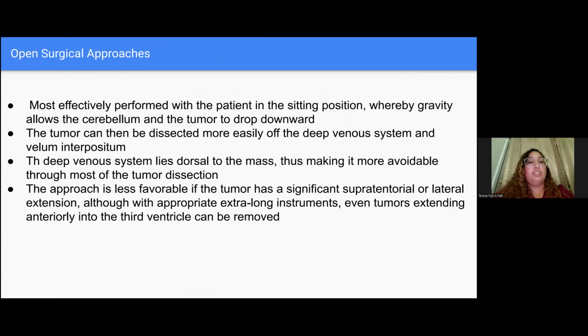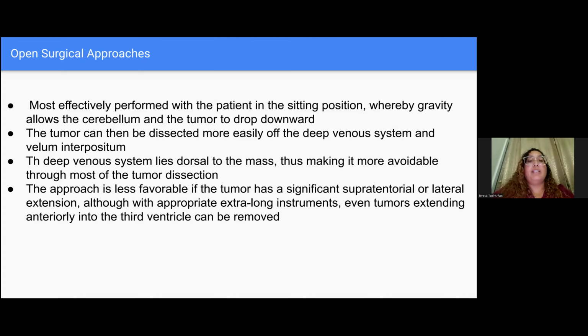Continuing with open surgical approaches. These are most effectively performed with the patient in a sitting position, whereby gravity would allow the cerebellum and the tumor to drop downward. Now, these tumors could be dissected more easily off the deep venous system and the velum interpositum.